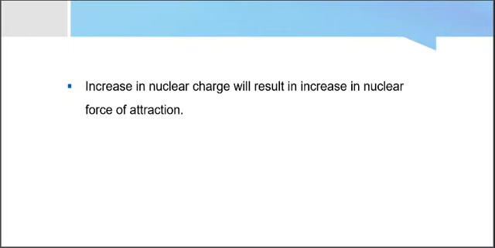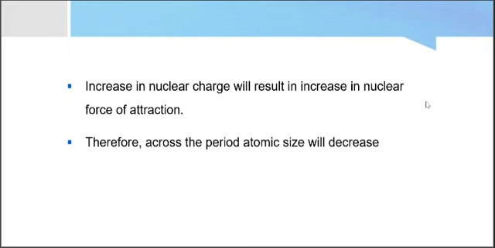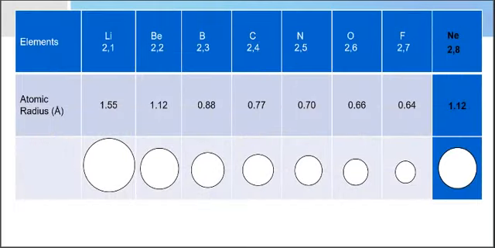So the increase in nuclear charge will result in increase in nuclear force of attraction. So as the nuclear charge, that is the number of protons, increases, there will be more nuclear force of attraction on the electrons, and therefore the atomic size will decrease. So as we move from left to right in the same period, although they have the same number of shells, the atomic size will decrease because of the increase in the nuclear charge.